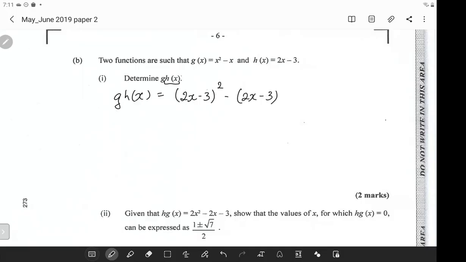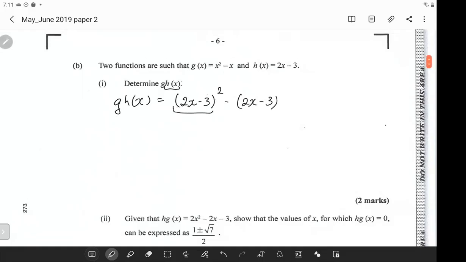Now there's an easier way to simplify this rather than trying to square this, multiply it out and add up like terms. What I would like to do here is factorize it. Notice that this is a common factor. So I could have 2x minus 3, and what would I have inside? I would have 2x minus 3, then minus 1.